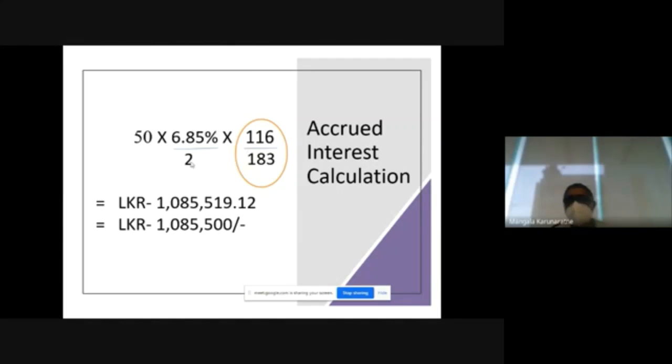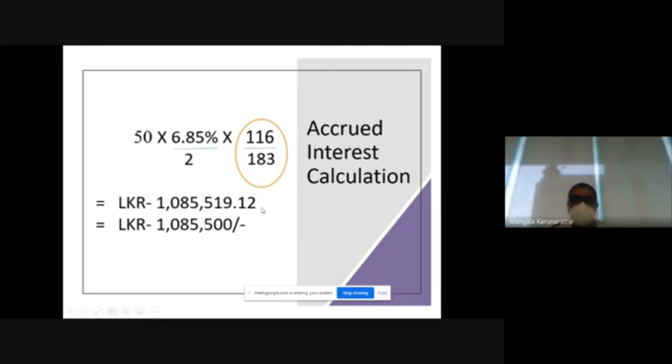Into 116 divided by 183. Just calculate. If you have calculators, you will be getting this amount, 1,085,519 and cents 12, right?